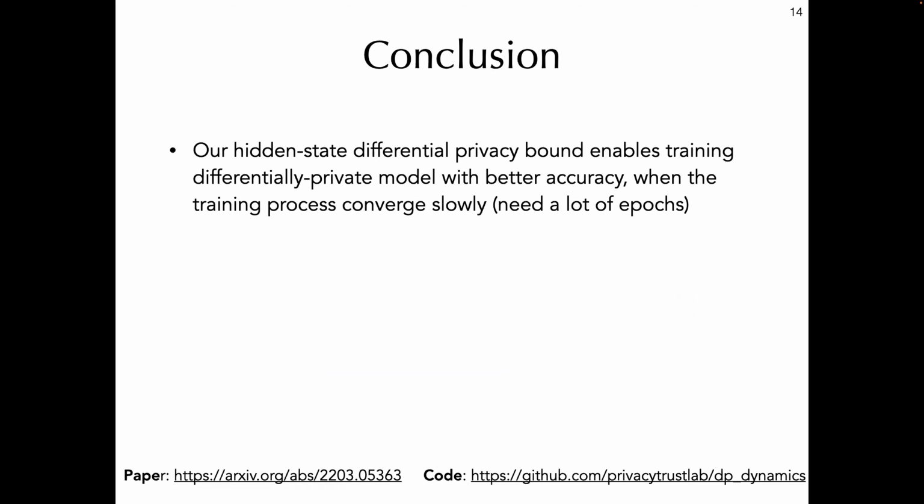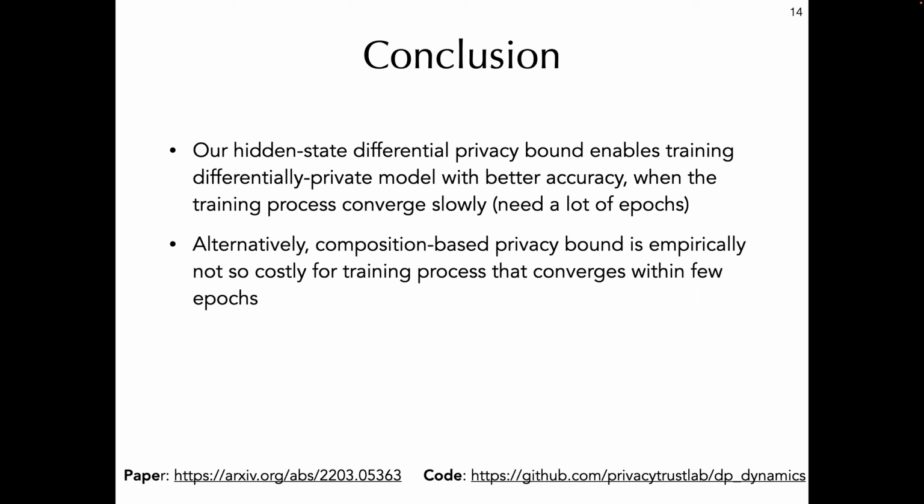So to conclude, we observed that our hidden state differential privacy bound enables training differentially private models with better accuracy when the training process converges slowly. And meanwhile, the composition-based privacy bound is empirically not so costly for training processes that converge within a few epochs.